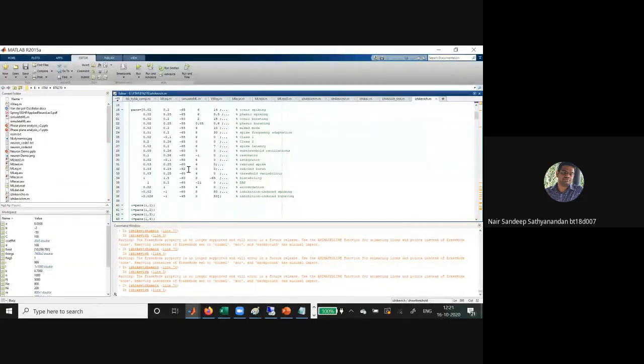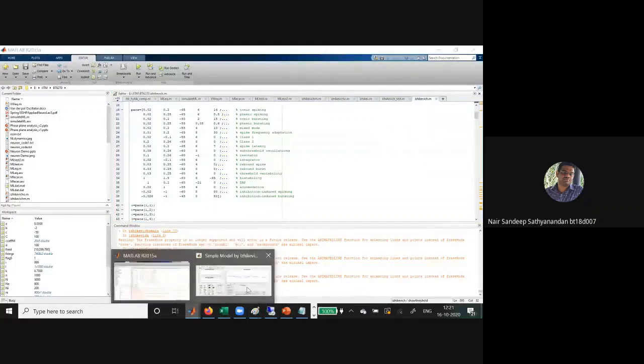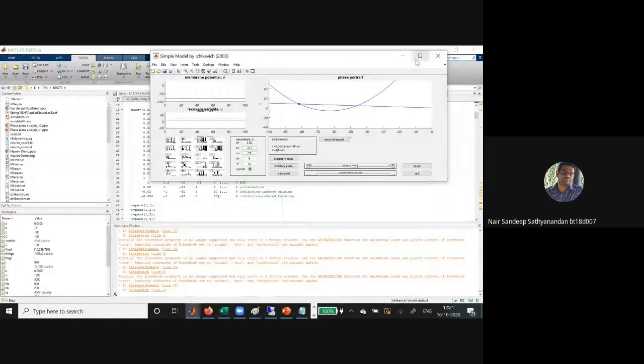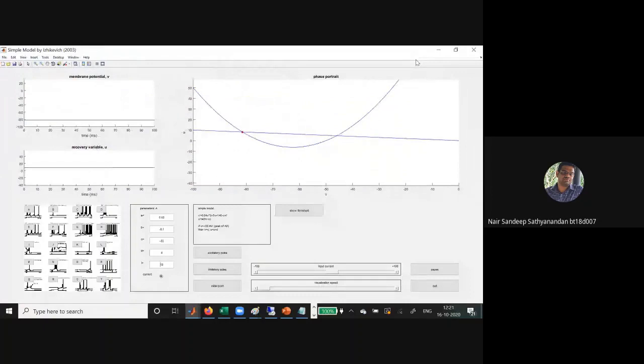If we run that, this is the output of the program. Now we are modifying the dynamics using the 4 variables, A, B, C, D. We will see a few of the spiking behaviors.